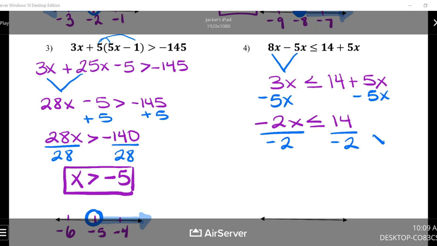And it's that step there, dividing both sides by a negative number, that requires us to flip the inequality symbol. So it was less than or equal to. It's now going to flip to be greater than or equal to.